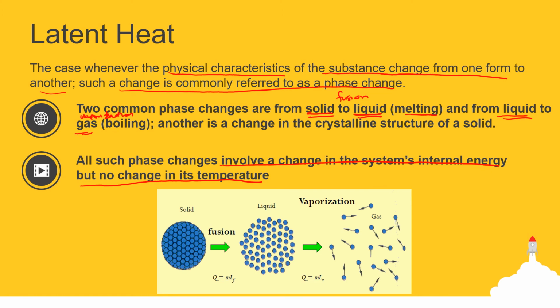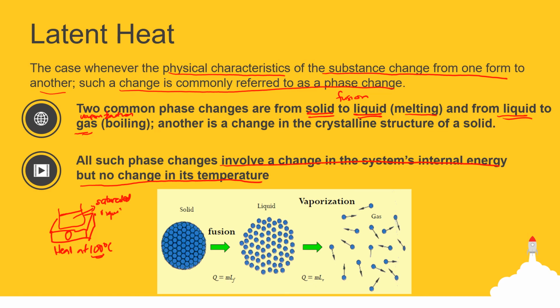For example, kita ada air. Okay, air, when you heat at, for example, 100 degree Celsius. So, apa yang berlaku dekat air ni? Sebelum masa dia sampai pada suhu 100 degree Celsius, keadaan air ni dinamakan sebagai saturated liquid lagi.